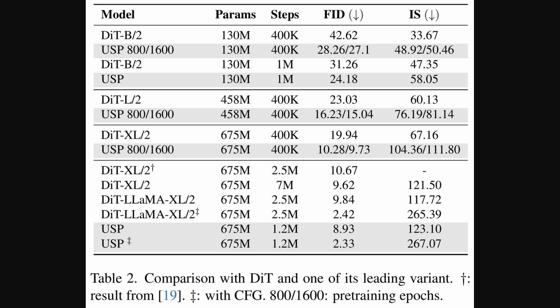Remember, lower FID and higher IS are better, and you can see across different model sizes like DiT Large or XL, the USP initialized models achieve significantly better scores with the same number of training steps. For example, look at DiT-XL/2 at 400,000 steps. USP gets an FID below 10, while the standard version is almost 20. It really highlights that faster convergence and improved image quality we talked about.